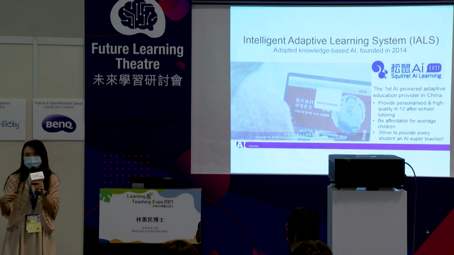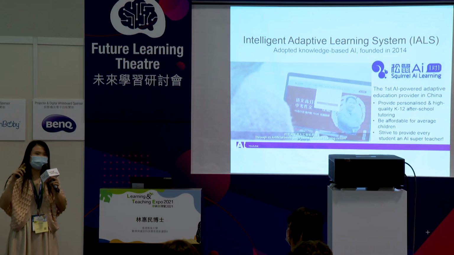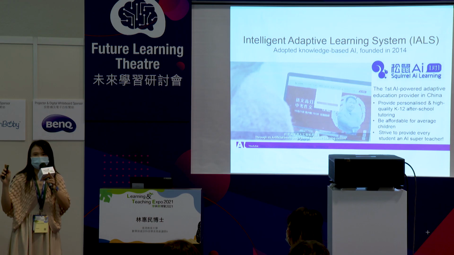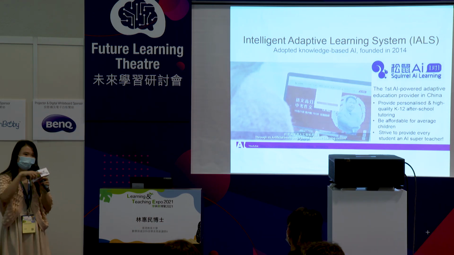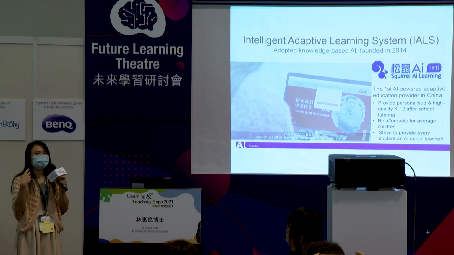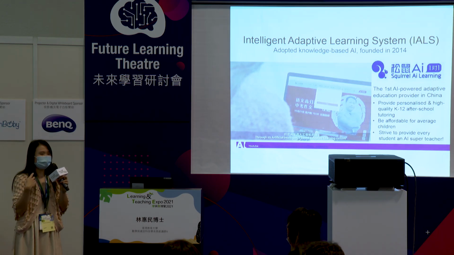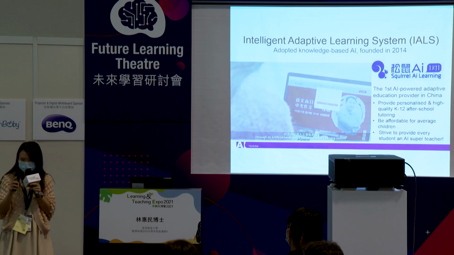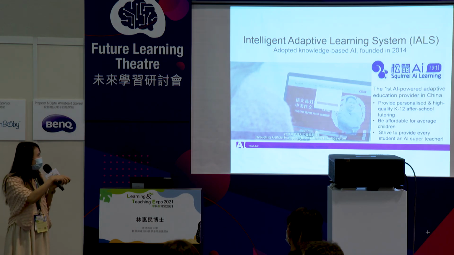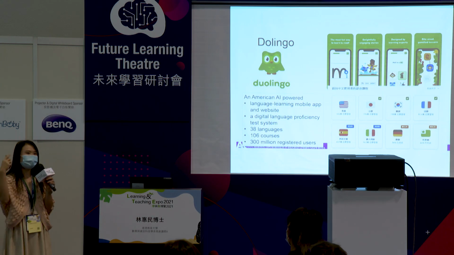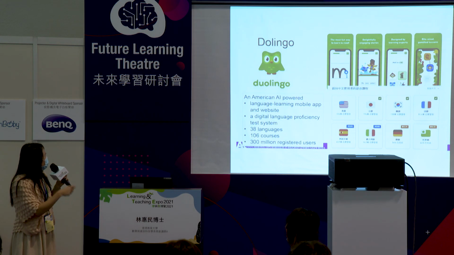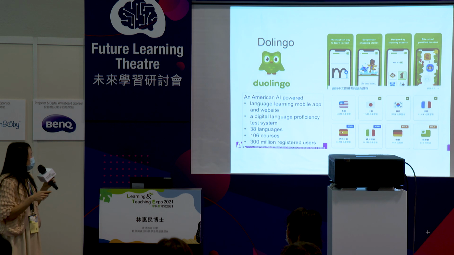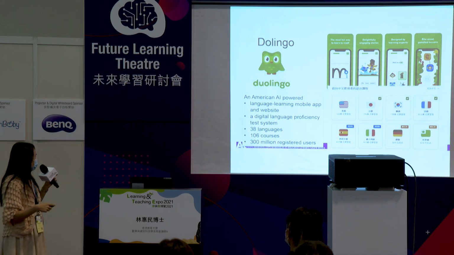This concept is good because one teacher to all students is not good enough. If everyone has a personal private tutor to give recommendations and reminders. Yeah, my students won't like me because if they forgot to do the quiz, they will receive a reminder from the previous system. And Duolingo is another one using AI-powered language learning.